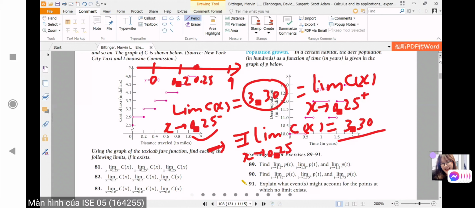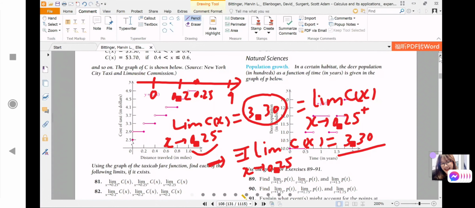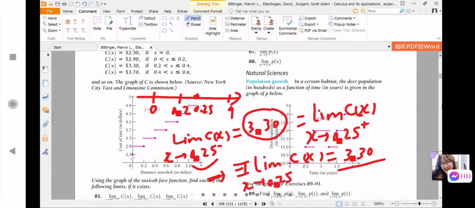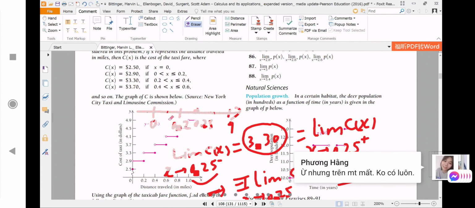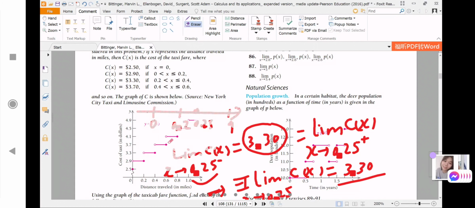Left limit of f(x) at 0.2 equals what number? Left limit. Two point nine. 2.9.